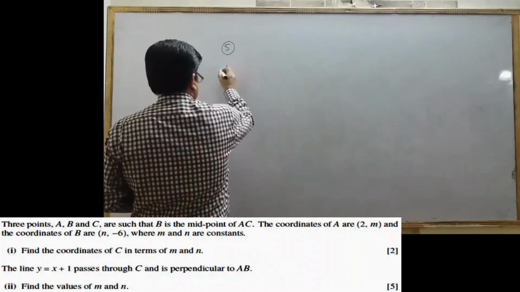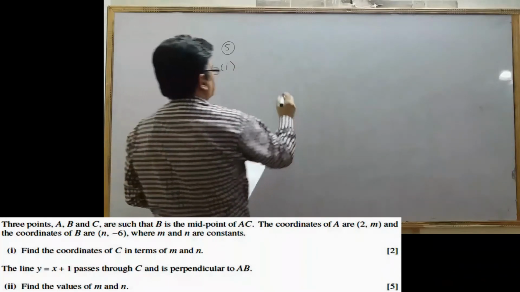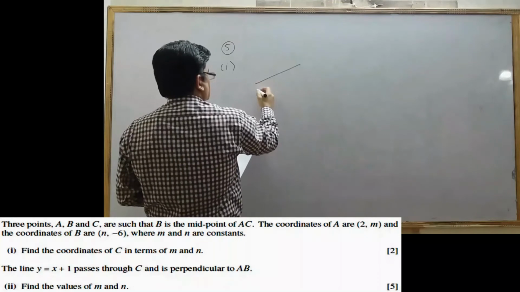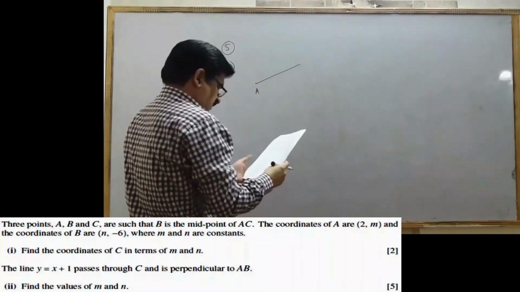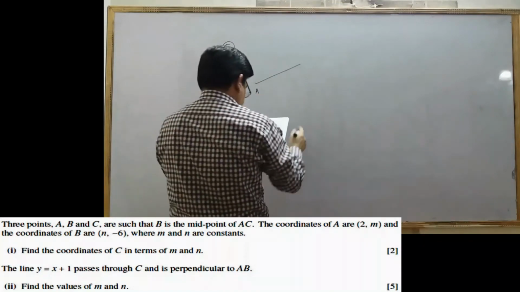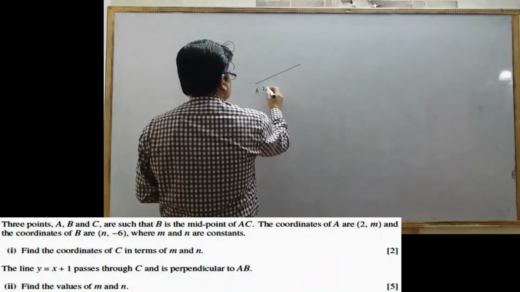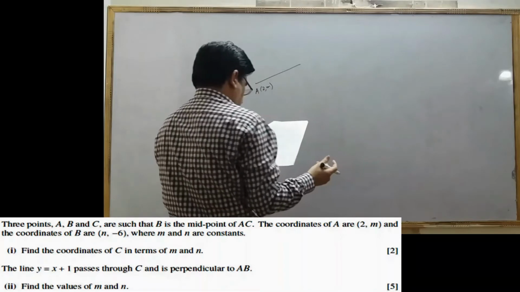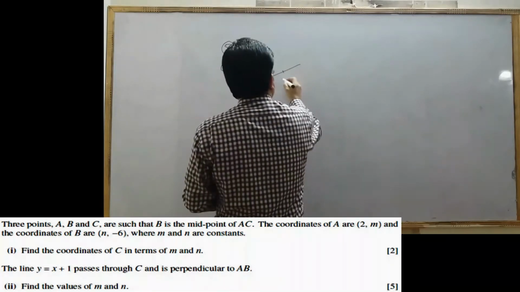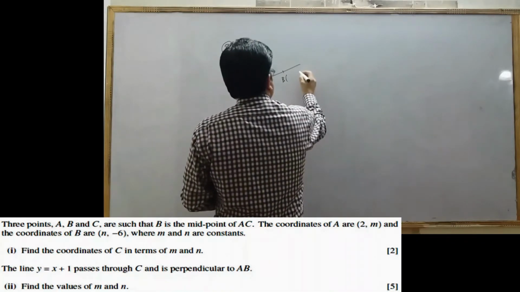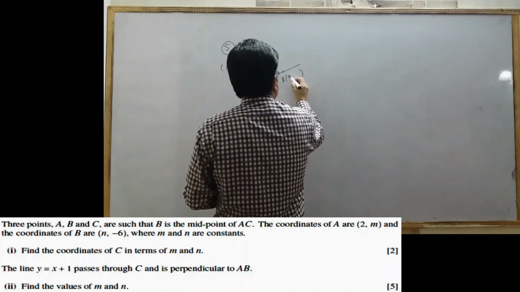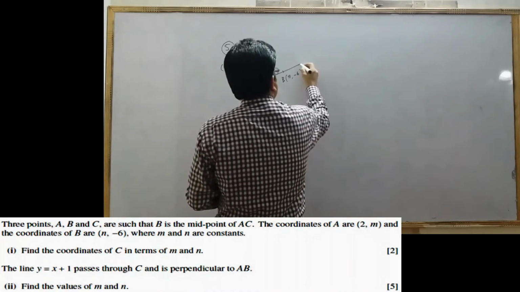First part, we make a rough diagram for understanding this question. Say this point is A, 2, m, and as B is the midpoint, here we have B, its coordinates are n, m minus 6.